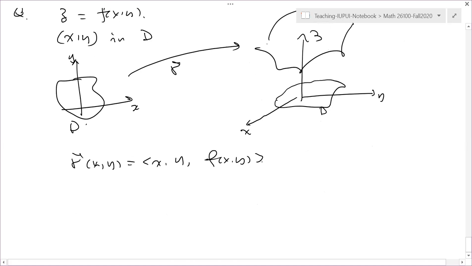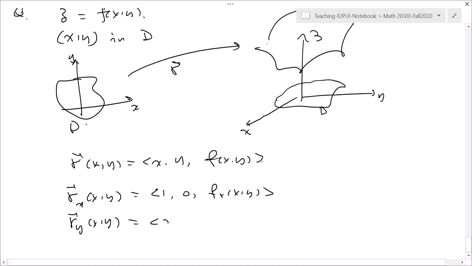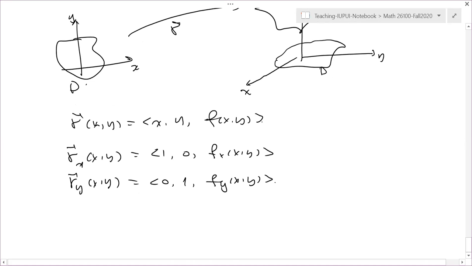Let's find r_x. This is going to be (1, 0, f_x), and the derivative in y is going to be (0, 1, f_y).